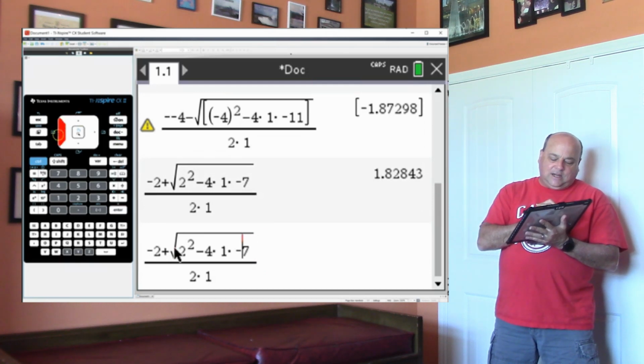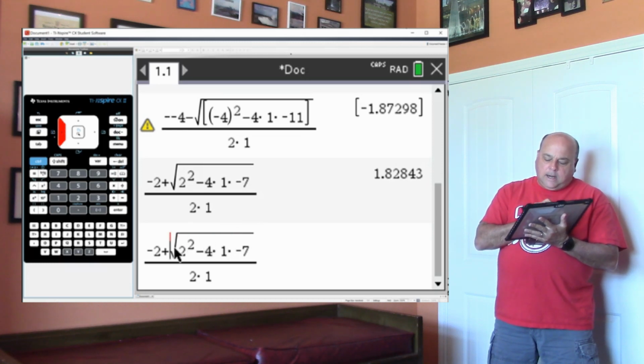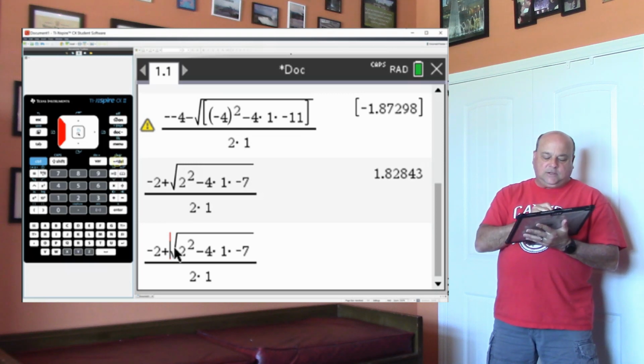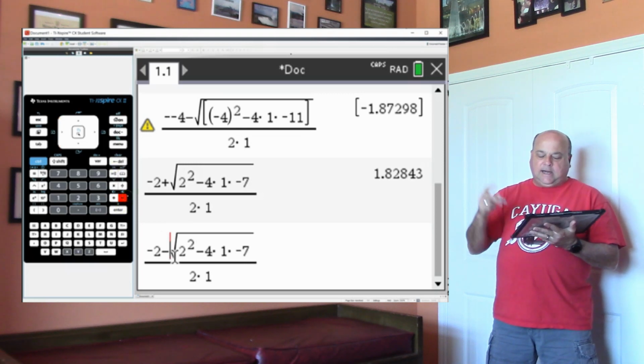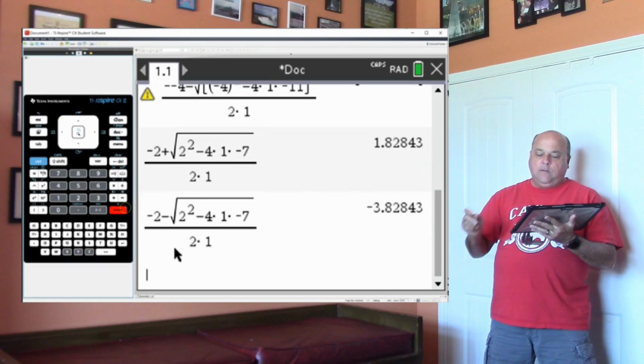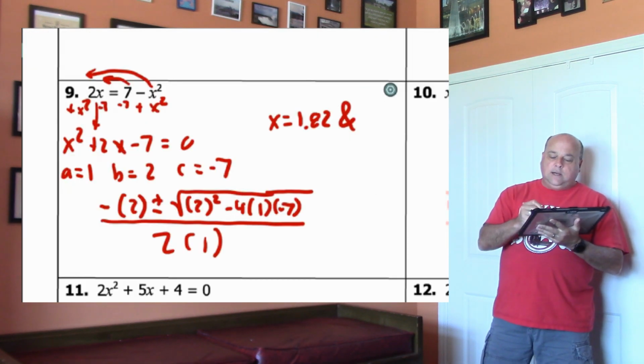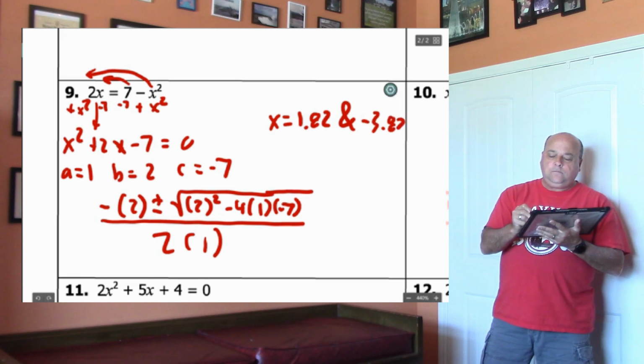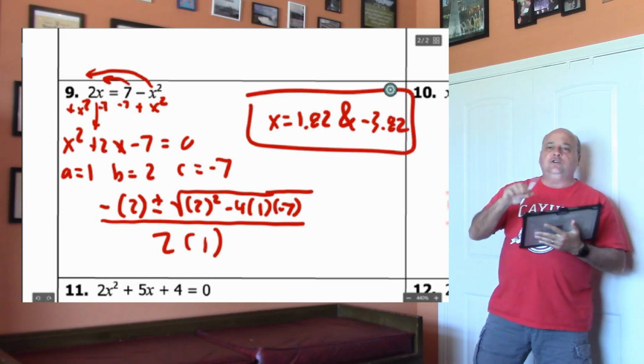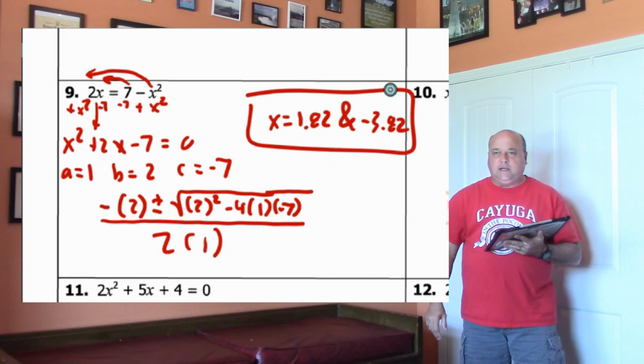I have to hit the back button and go to that plus sign, don't I? And I'm going to change the plus to a minus. So delete and minus. I got the plus to a minus, hit enter, and then negative 3.82 is my other zero. Negative 3.82. So when you write these answers, use the hundredths place, right?